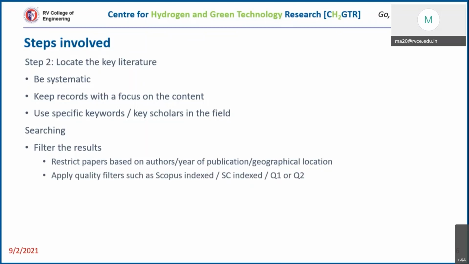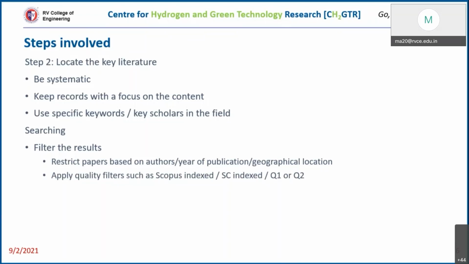And also you can apply quality filters, such as you will restrict the information to Scopus indexed articles only. So the research or experimental papers that are published in a Scopus indexed journal. So I just would like to go with that only.